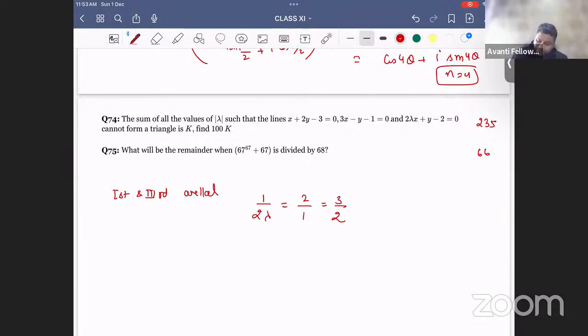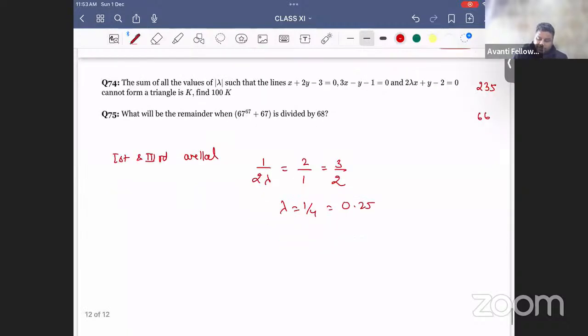So fine. So here lambda is 1 by 4, that is 0.25. Now, if second and third are parallel, that means 3 by 2 lambda is minus 1 by 1. So in that case, lambda is what? Minus 3 by 2. That is minus 1.5. So mod lambda is 1.5.